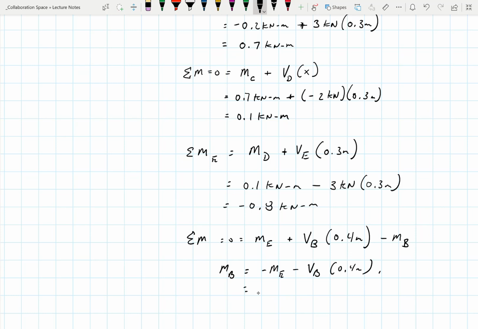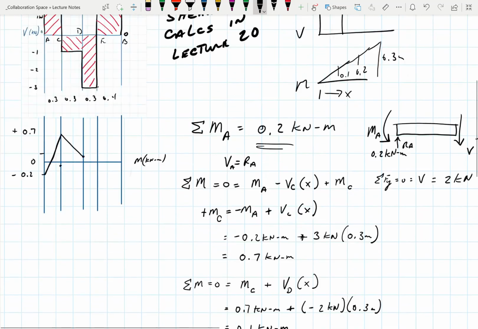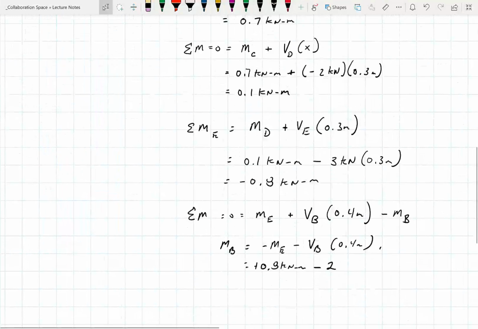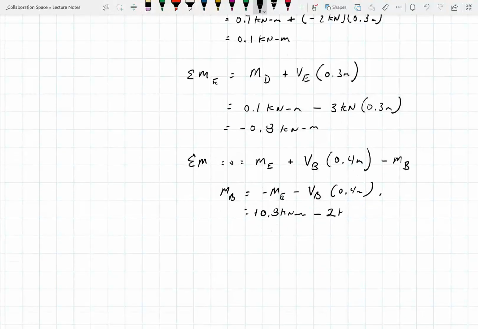And we're going to get 0.8 negative becomes plus kilonewton meters minus 2, because that's what's hanging out down here or up above. 2 kilonewtons is the force times the 0.4 meters, and we're going to wind up with 0, which is what you should get.